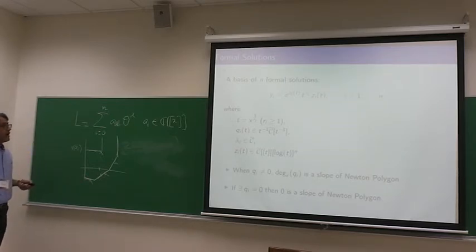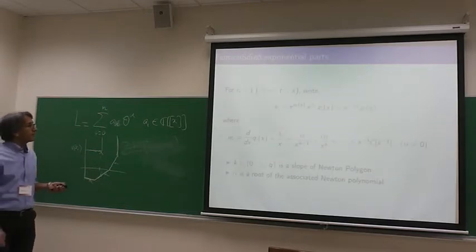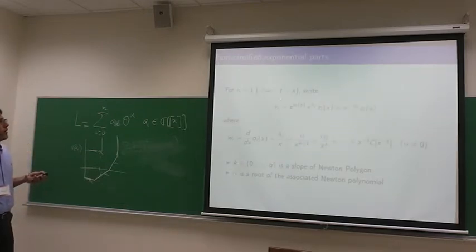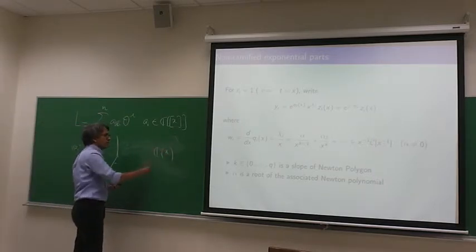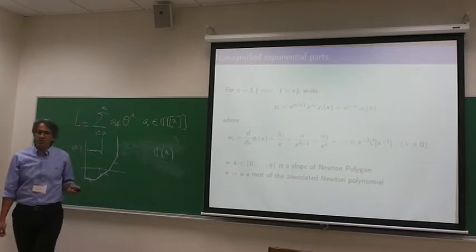Okay, and we are interested in particular in the non-ramified exponential parts. This means when you do not need roots of x in order to solve. These non-ramified exponential parts are important when, for example, you start with a system over C(x) and look for hyper-exponential solutions.